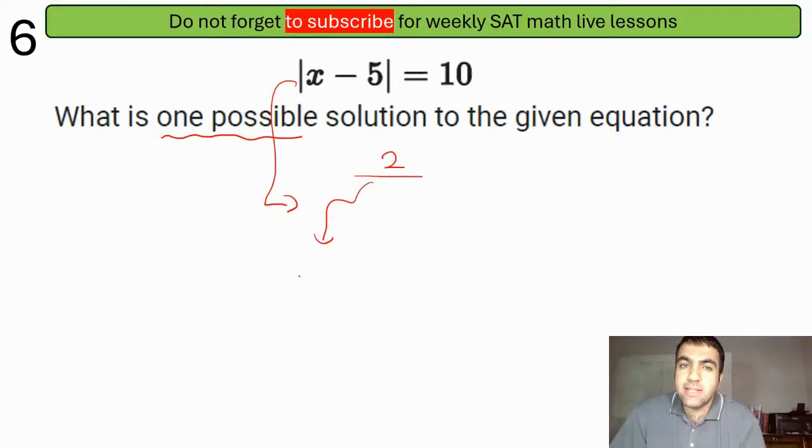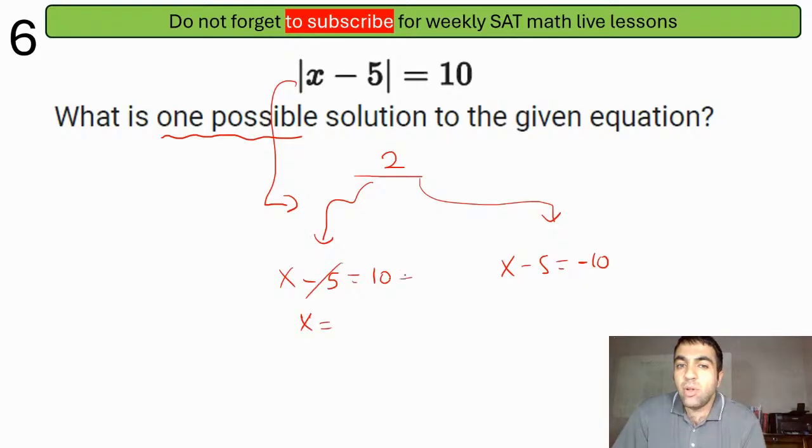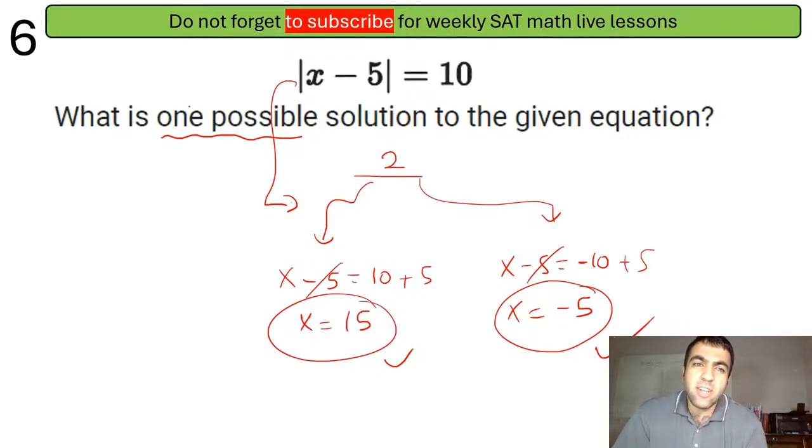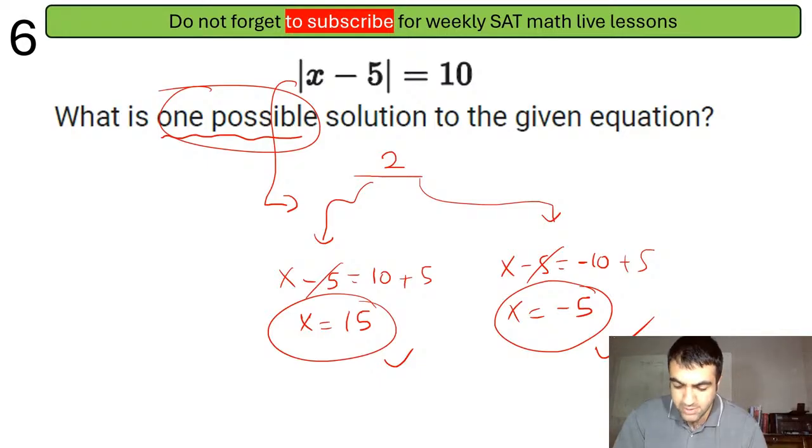One is x minus 5 is equal to 10 and the other is x minus 5 is equal to negative 10. Okay, x is equal to 15, x is equal to negative 5. This is correct. This is also correct. Okay? But we are asked for just one possible solution. Okay, you were right, Mr. Shahin.